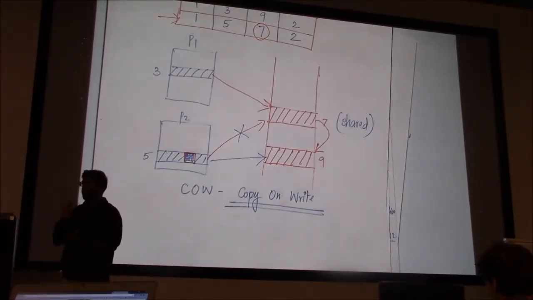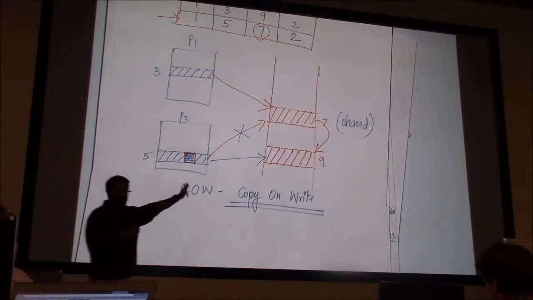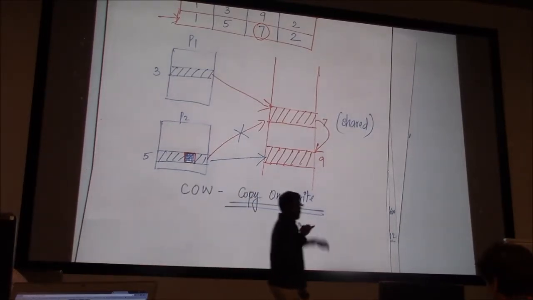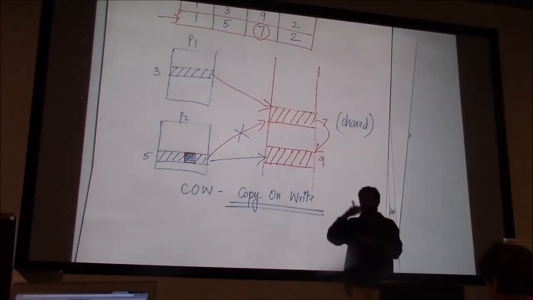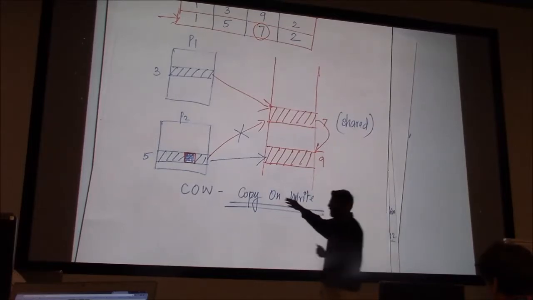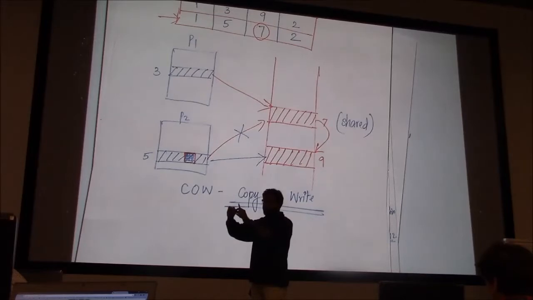Again, this use case is totally different from whatever we were just talking about till now. When two processes are using a shared physical frame for inter-process communication, for communicating between them, we are not going to do a copy on write. But the situation I'm describing right now is just after a fork, where two processes are pointing to the same frame.